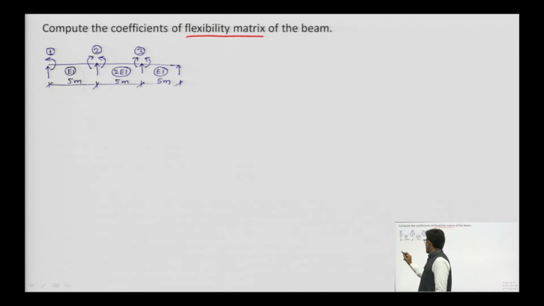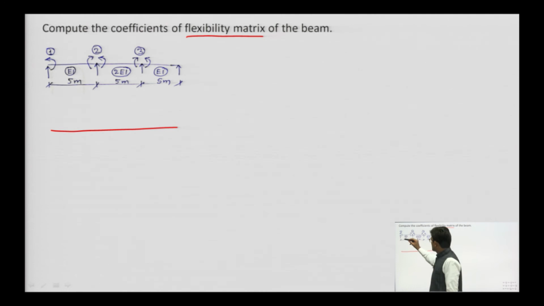Okay. And at this joint there is a couple, and that is denoted by 1. It means vertical... okay, let me first make this one.